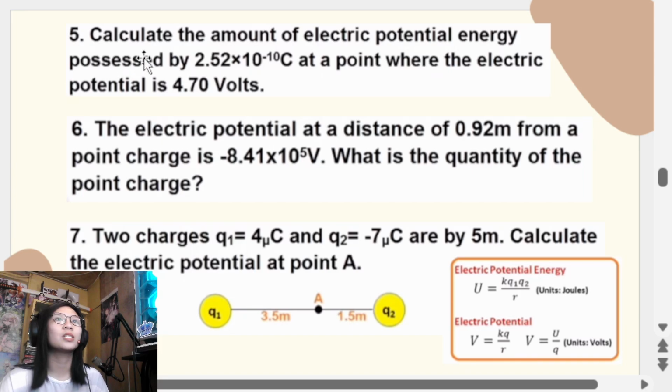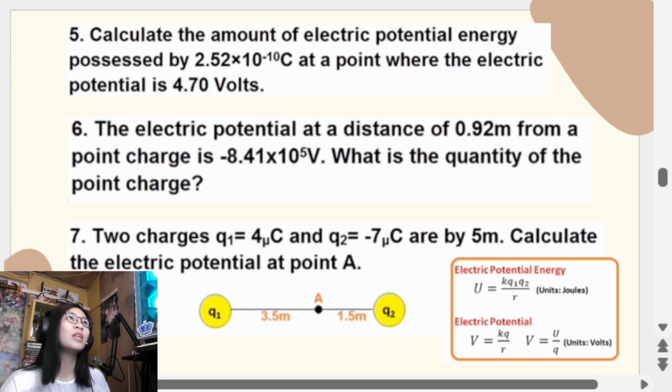Look at number 5: calculate the amount of electric potential energy possessed by a 2.52 times 10 raised to negative 10 charge at a point where the electric potential is 4.70 volts.